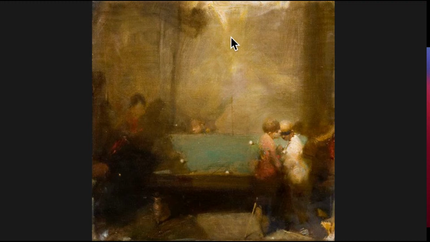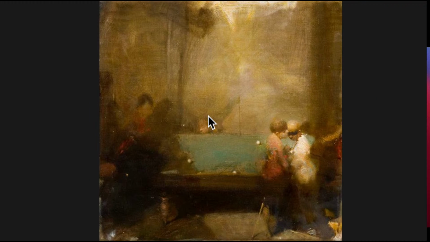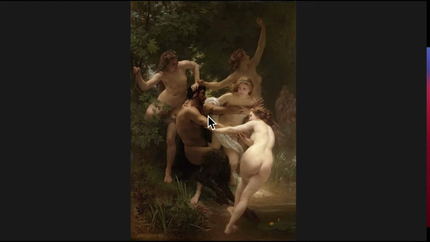How does that angle of the light and placement compare with this movement of the light? Can you see the difference?